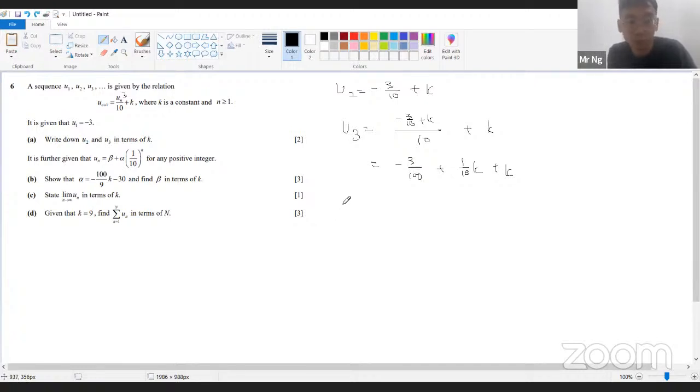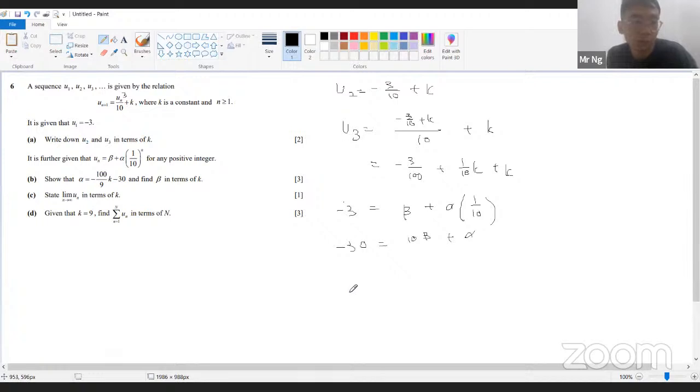Then we will use u1. So minus 3 equals to beta plus alpha bracket 1 over 10. Okay, so minus 30 equals to 10 beta plus alpha. Then after that, what else will we use? Maybe we will use u2.